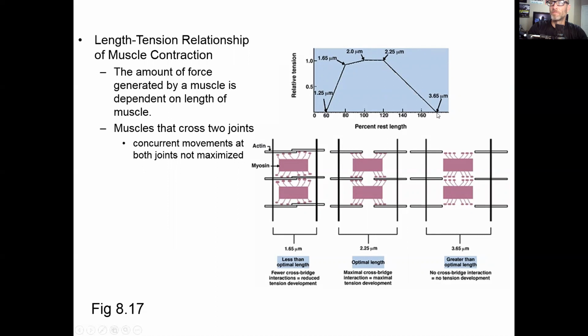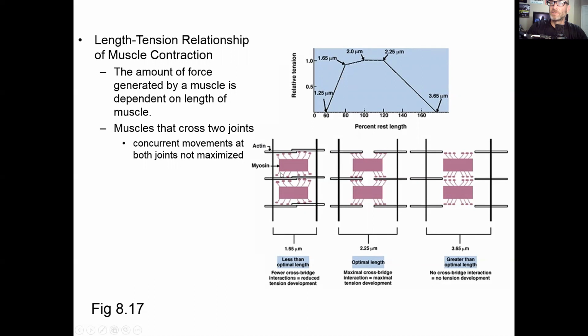And if you pull the muscle so long that the thin and thick filaments are not interacting with each other, there's zero force generated by the contractile element of the sarcomere. That's going longer. Going shorter, the amount of force generated by muscle also goes down, ultimately going to zero if the muscle is shortened so much that the thin and thick filaments can't interact with each other in a way to cause contraction.